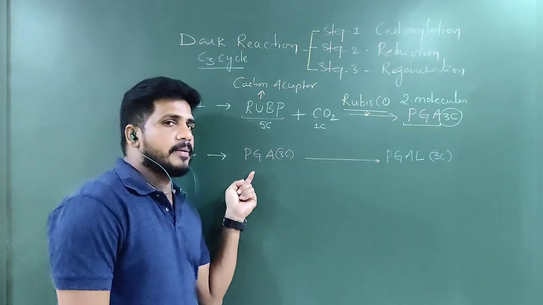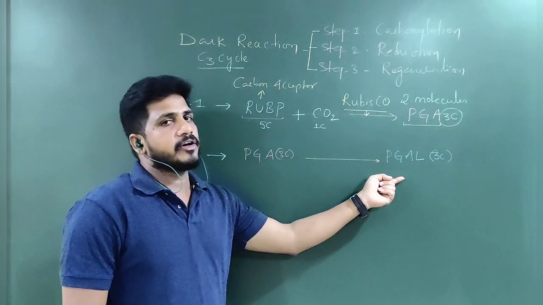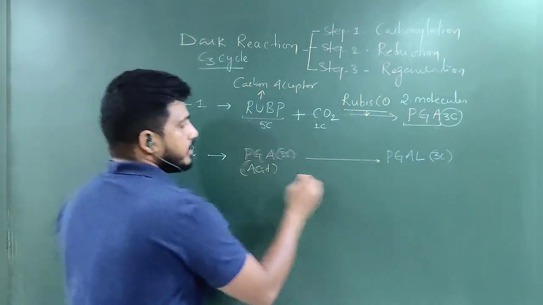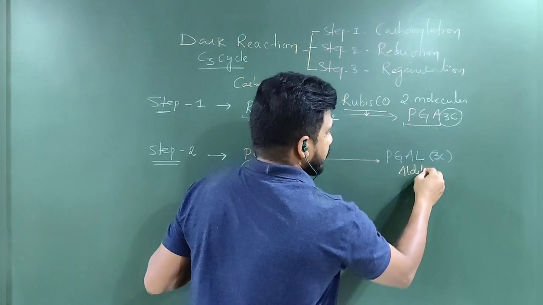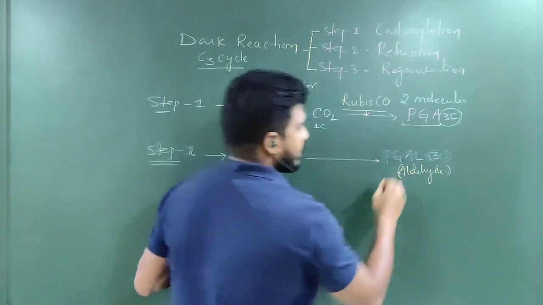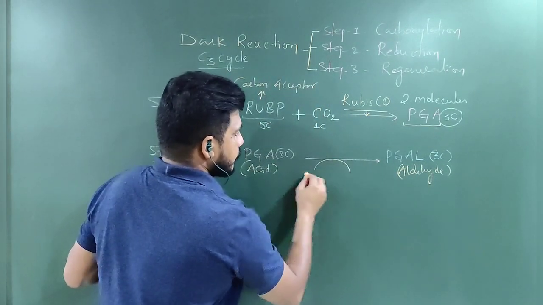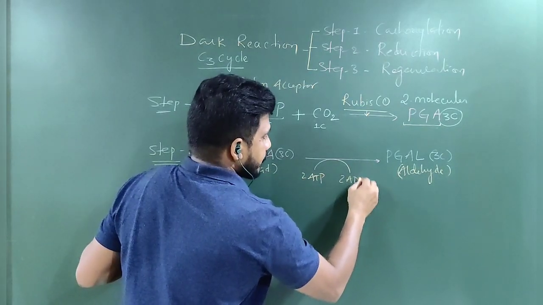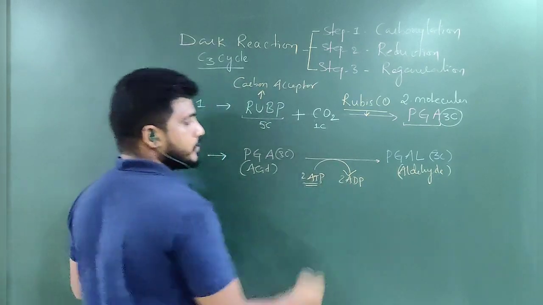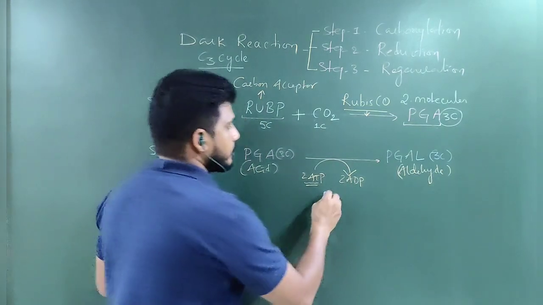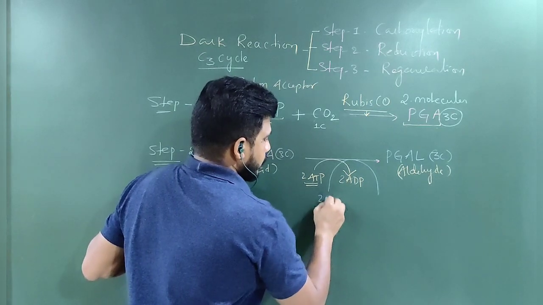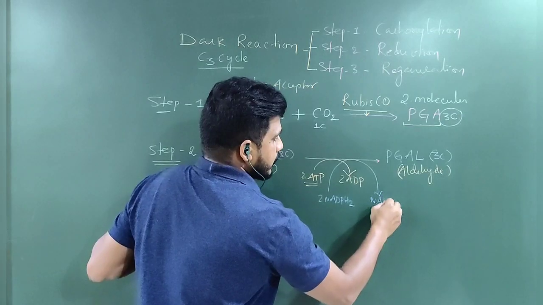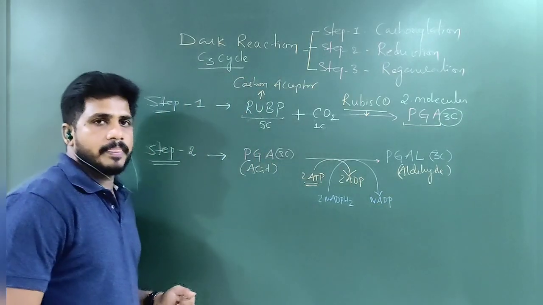So PGA is a 3 carbon component, PGAL is also 3 carbon, but one is acid, the other is aldehyde. Acid becomes aldehyde. Here 2 ATPs become 2 ADPs, so 2 ATPs are used. At the same time, 2 NADPH2s are also used and become 2 NADP plus.